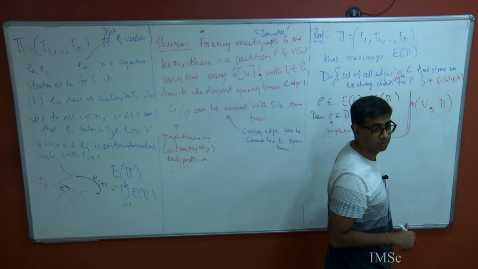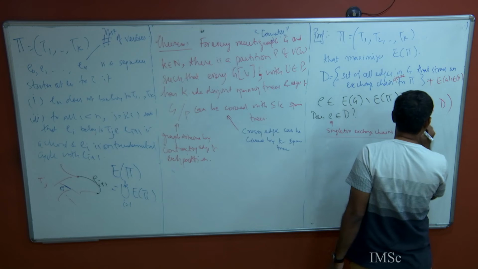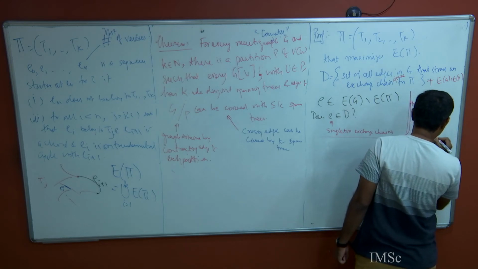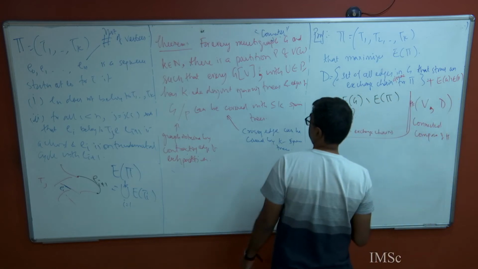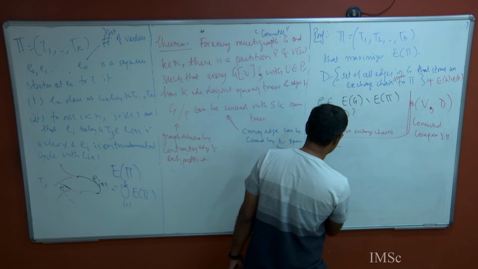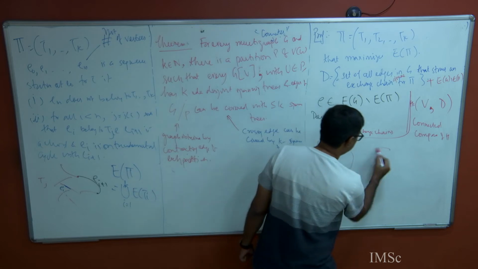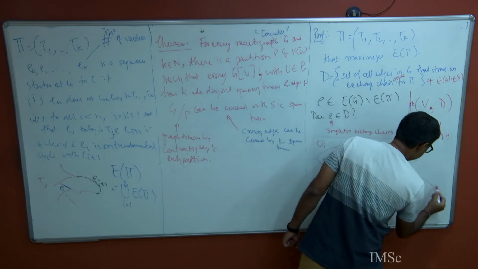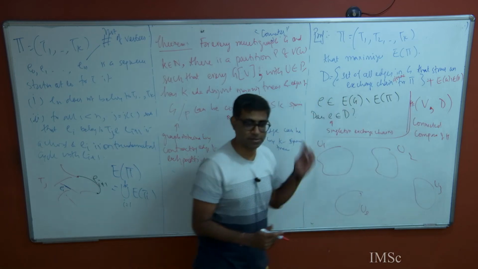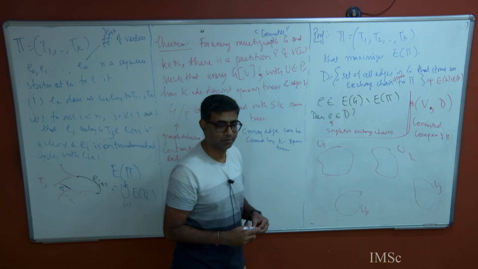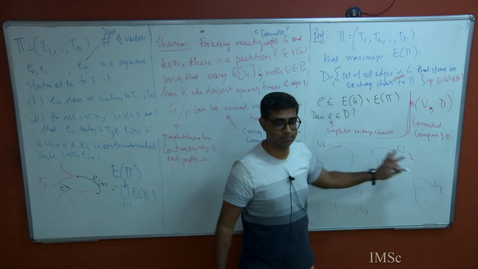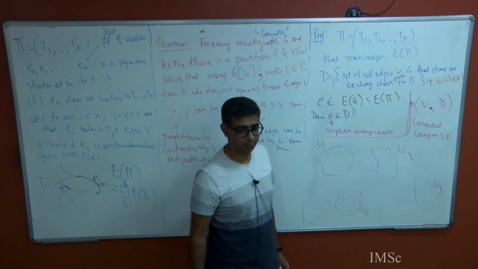Now look at the connected components of H, and those are U1, U2, and so on. This is my partition: the connected components of this graph are my partition.